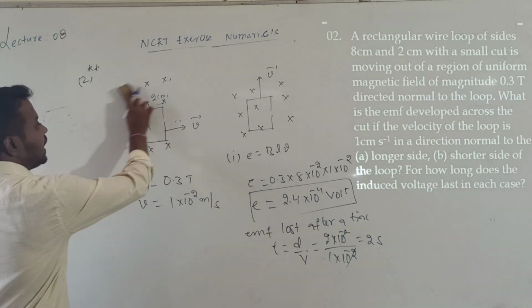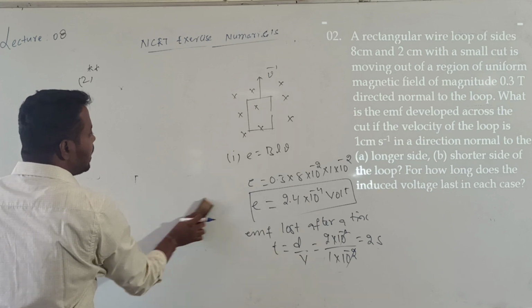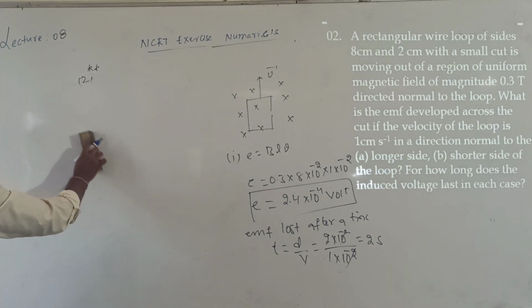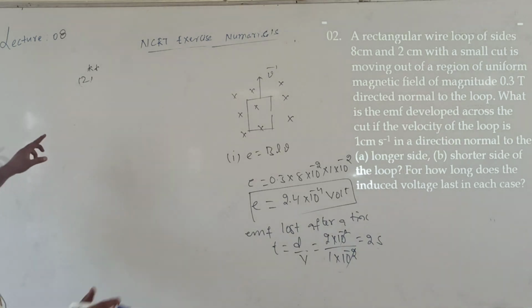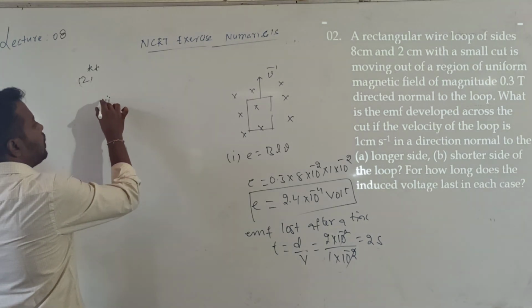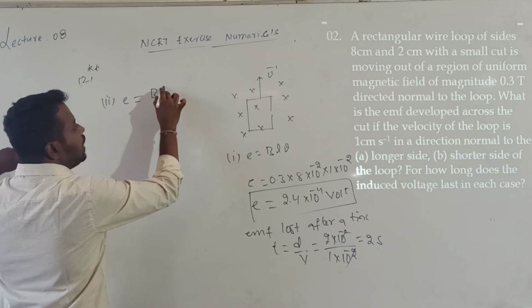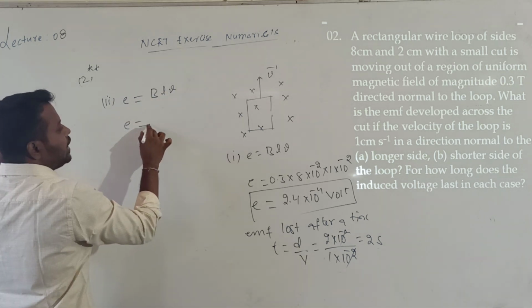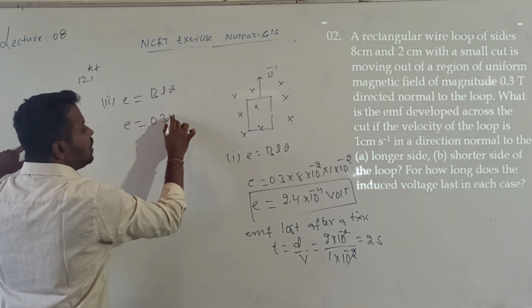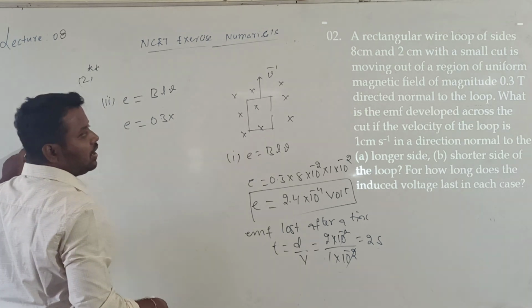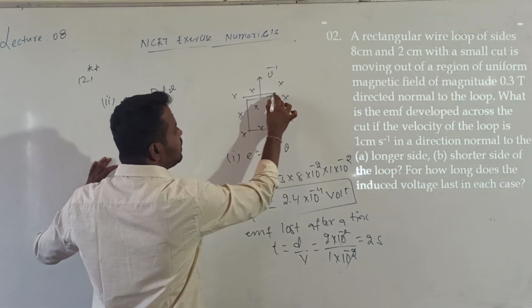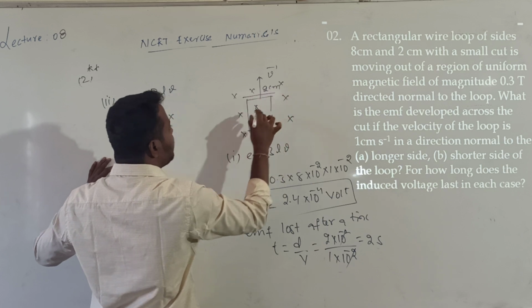Now for the second case, how is the loop moving? In a direction perpendicular to the smaller side. When it is moving perpendicular to the smaller side, the E value is given by B into L into V. This time the B value is 0.3. What is the L value? This time I take this value, which is 2 centimeters.